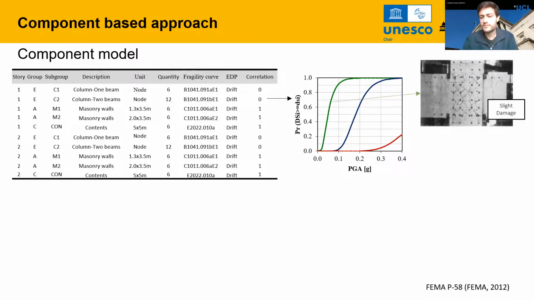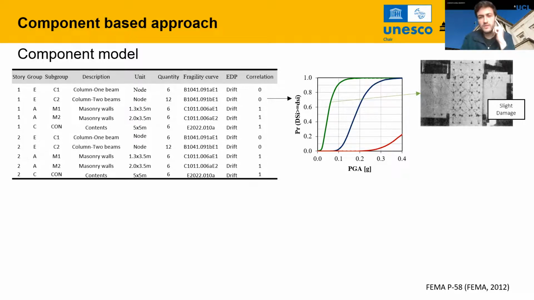To obtain these, there is a lot of literature, but the main source of this type of fragility functions for components is the FEMA P-58. In there, they present a compendium of several fragility functions that you can also access through a tool that they have, that is the PACT tool.